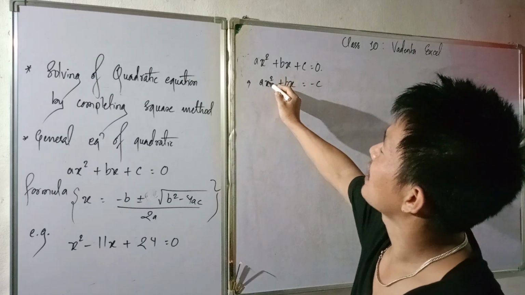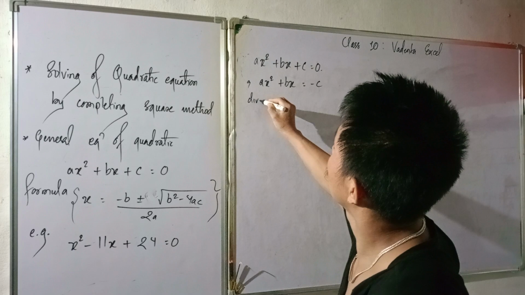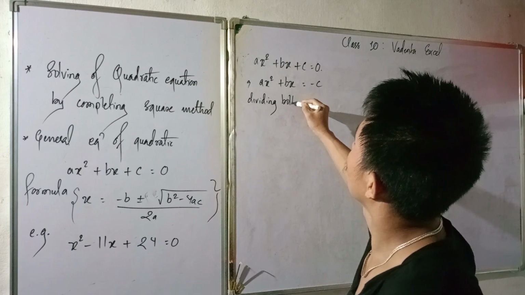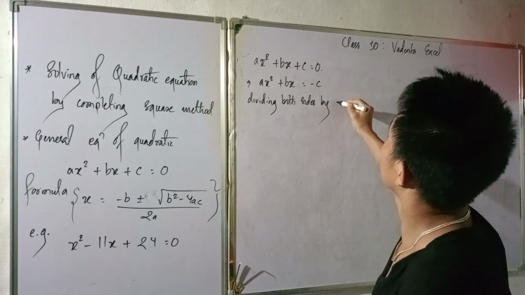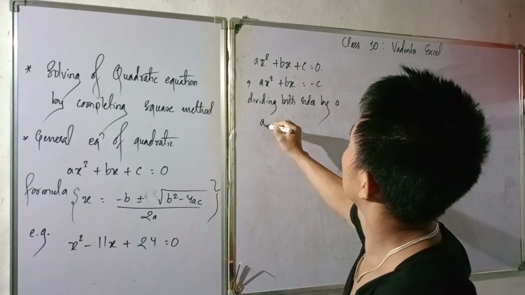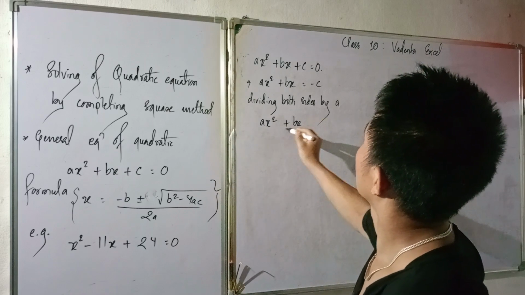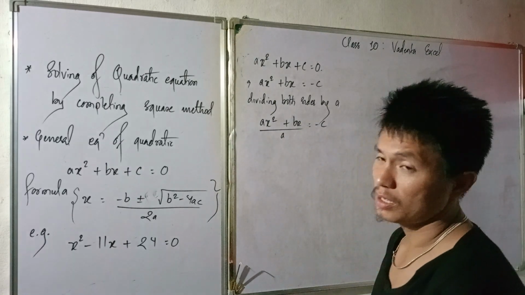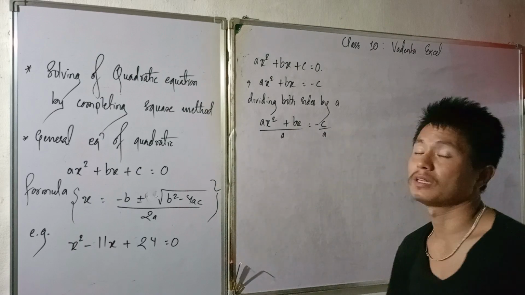In order to make x squared alone, what you do is divide both sides by a. So ax squared divided by a plus bx divided by a is equal to minus c divided by a. Here also divide by a, here also divide by a.